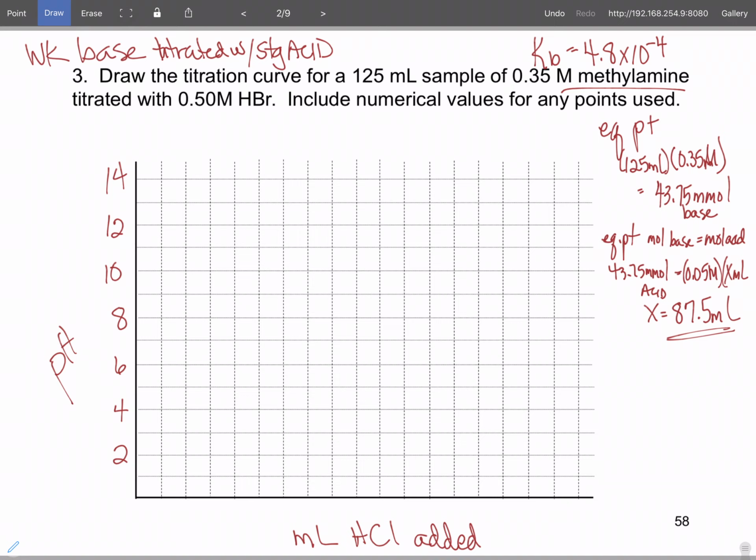So now that we've got it done, and if you'll notice, I've gone ahead and labeled the pH units. I have not labeled the x-axis more than what I'm titrating with, and it's actually not HCl, it's HBr, which is still a strong acid, but let's go ahead and work the problem. So the first point is 0 milliliters of HBr.